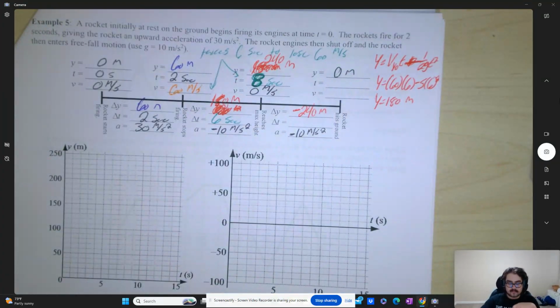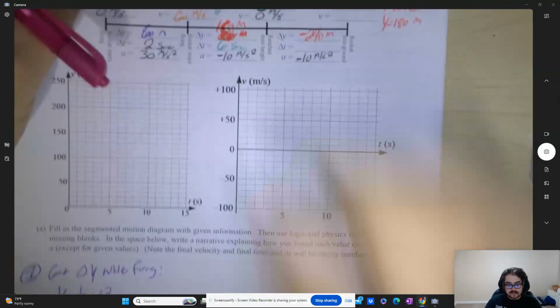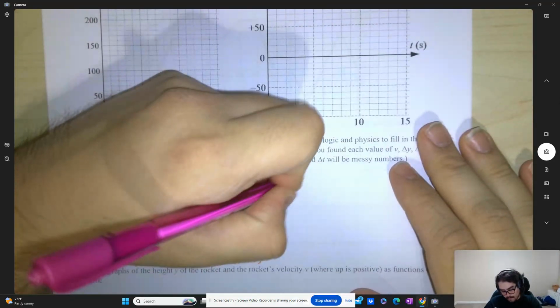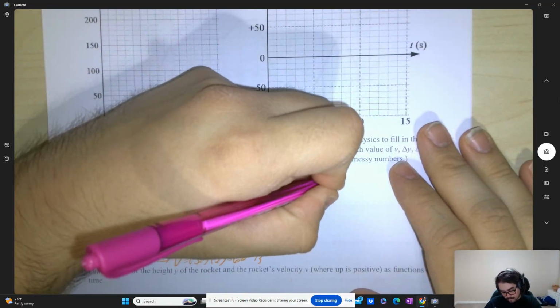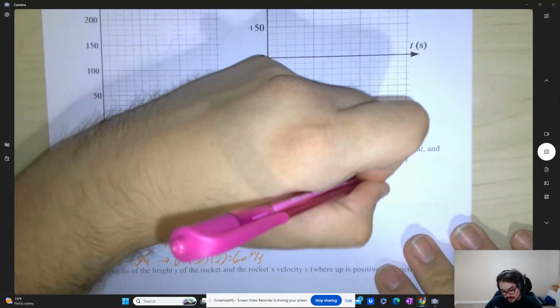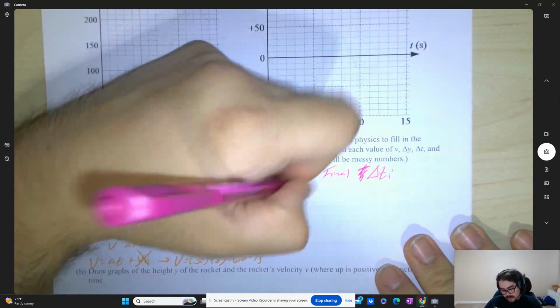The last part that we need to solve for is simply going to be the final time. Let me show you how we can get that. How can I get the final delta t?